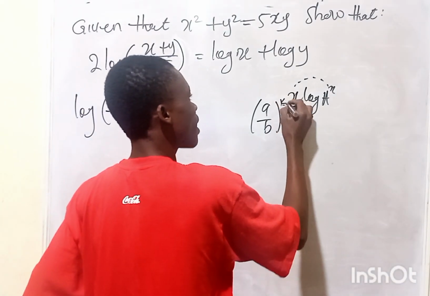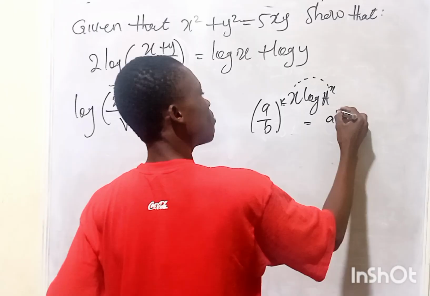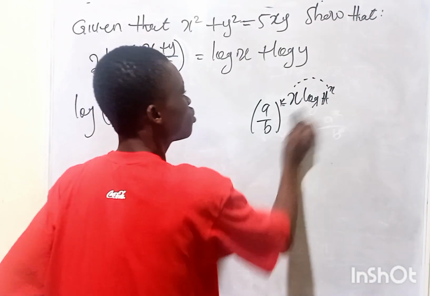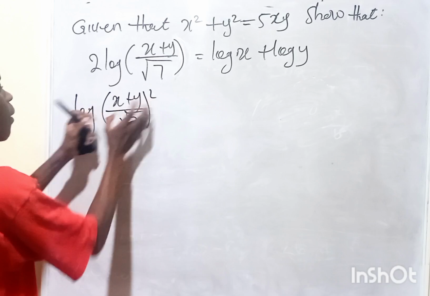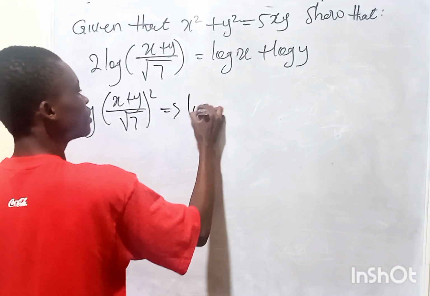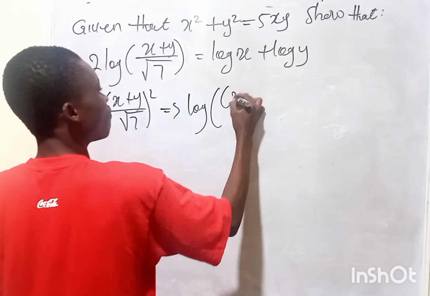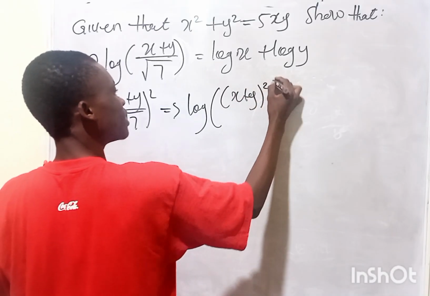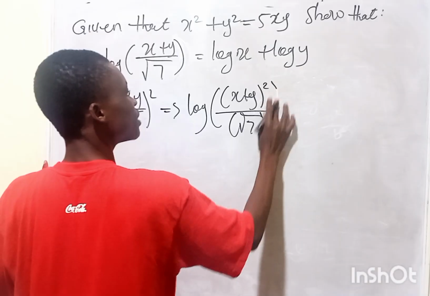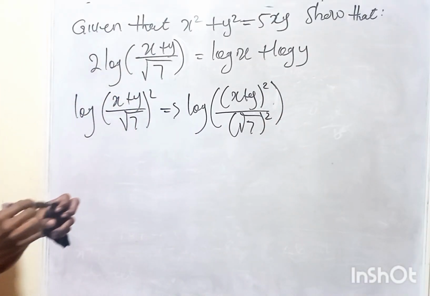So if here is a over b to the power k, the power can be distributed as a to the power k over b to the power k. So clearly, this power here can be distributed. If we distribute this power, we have the log of (x plus y) all squared over the square root of 7 all squared.